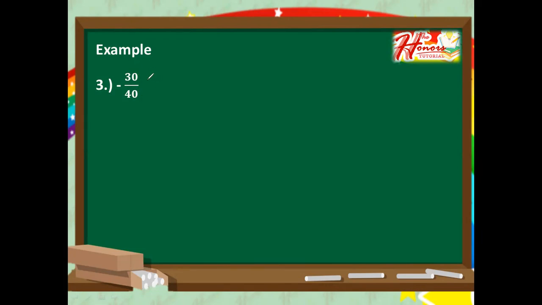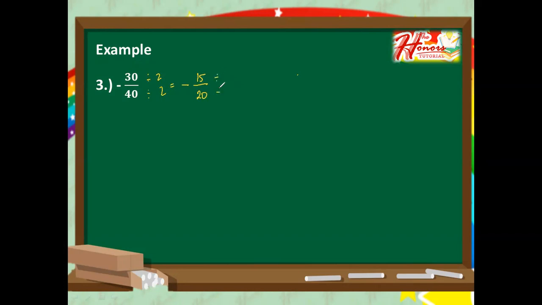If we use 2, let's divide it. Write the negative sign here, then divide 30 by 2, that's 15. 40 divided by 2, that's 20. As you can see, this is not the final answer yet because there's still a number that can divide the numerator and denominator at the same time without remainder.